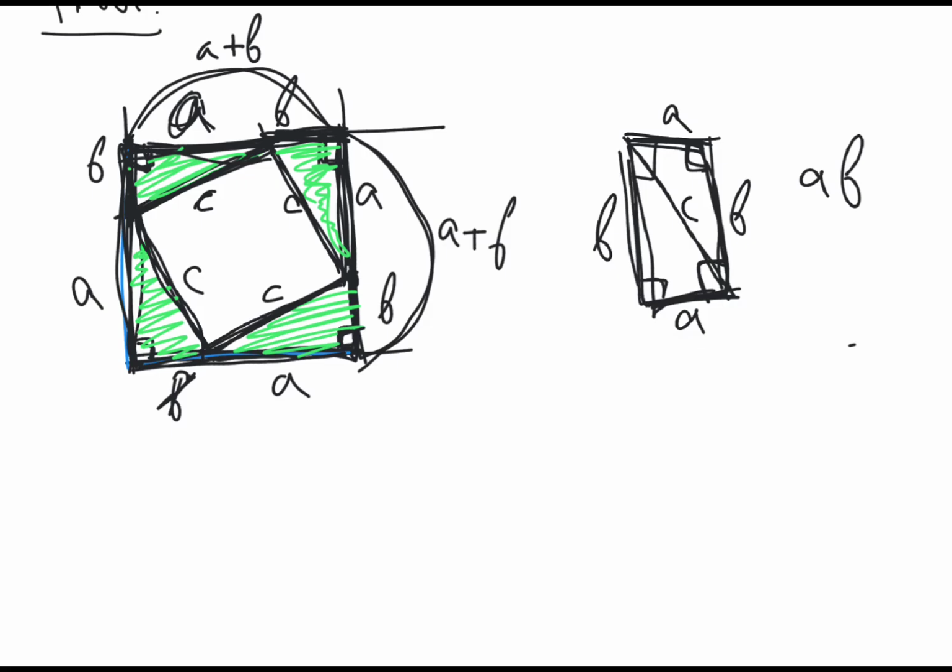We know that this rectangle consists of two equal triangles. So the area of each of these triangles should be then 1/2 of the area of the rectangle.